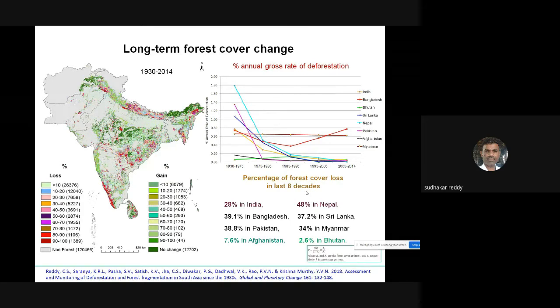The only two countries showing an increasing trend of deforestation in the recent period are Myanmar and Bangladesh. So this kind of assessment helps global commitments, and also identifies conservation gaps to implement conservation policies and action plans in a very strict mode.